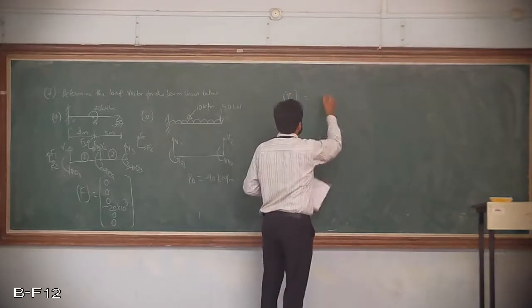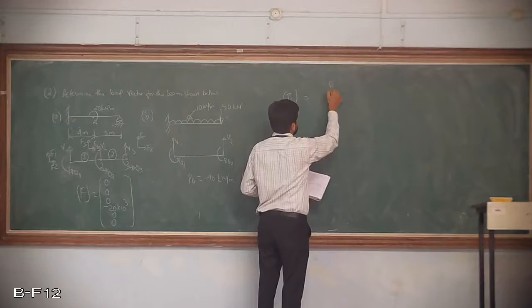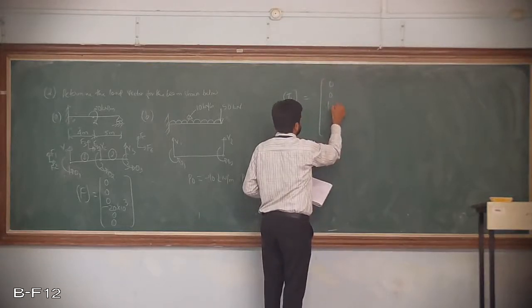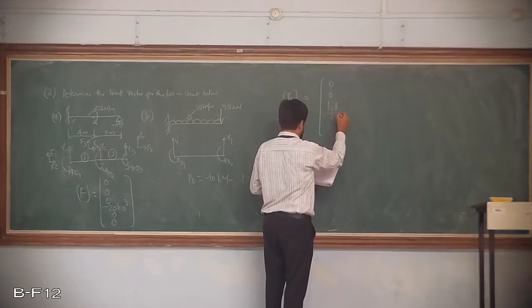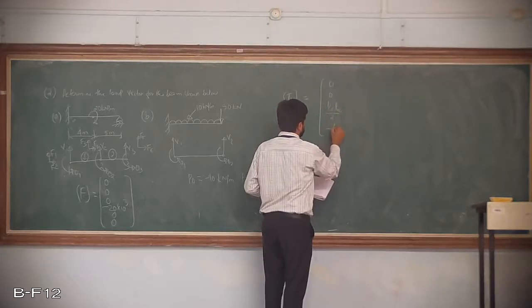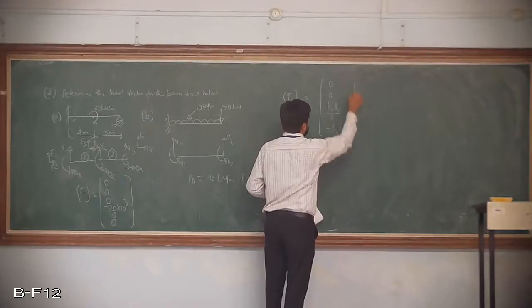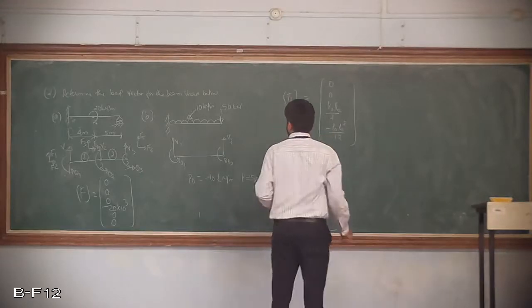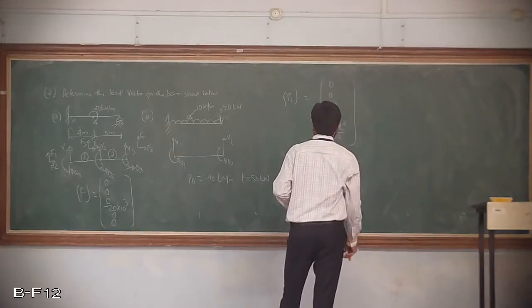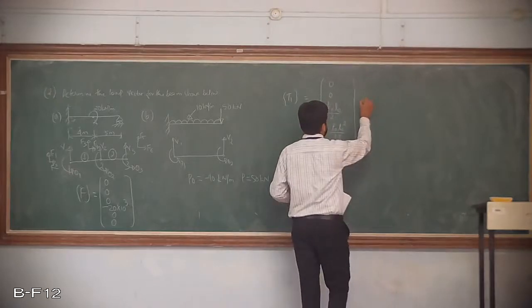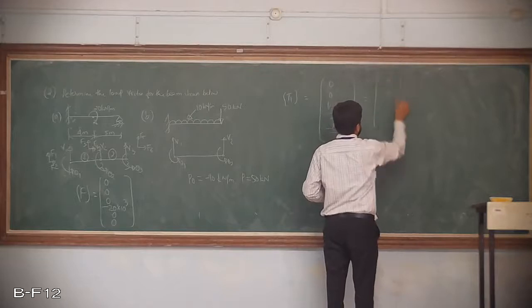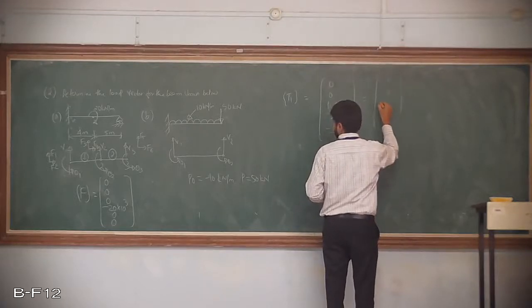So you will get this formula, where you need to find out the value. So 0, 0 you will get here, and P naught is how much?